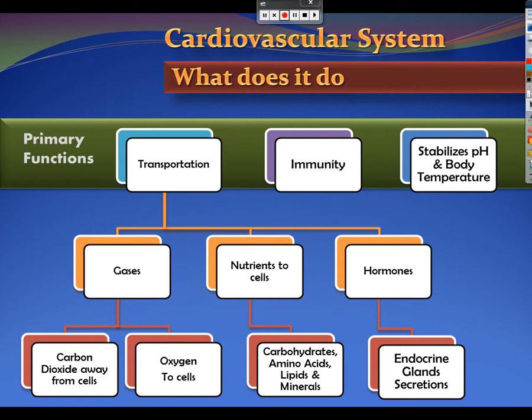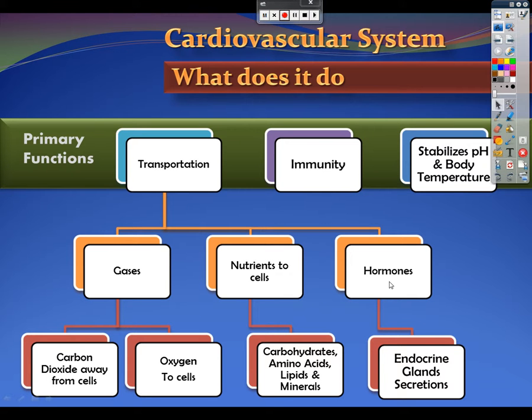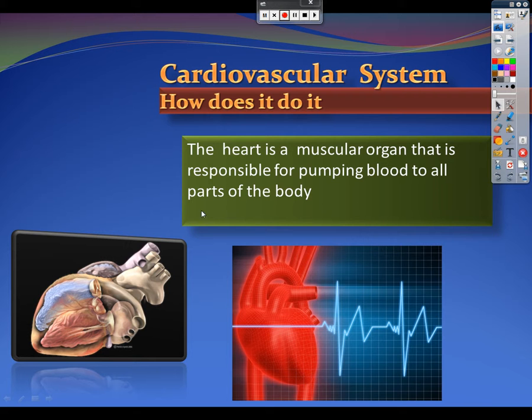This is the reason why when I tell you guys that sometimes when you ingest something, smoke something, eat something, or drink something, eventually it's going to make its way into your bloodstream. It becomes part of your cardiovascular, your circulatory system. And it also transports hormones that need to be transported into your endocrine system.